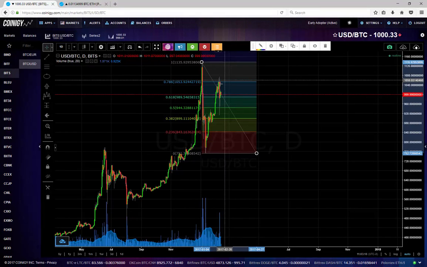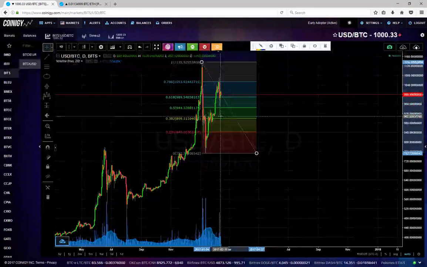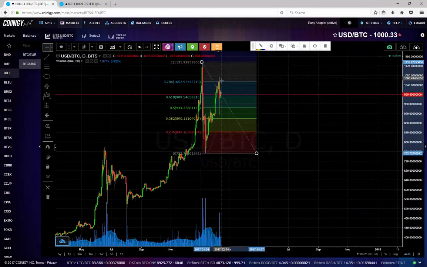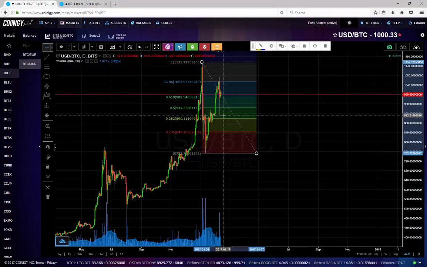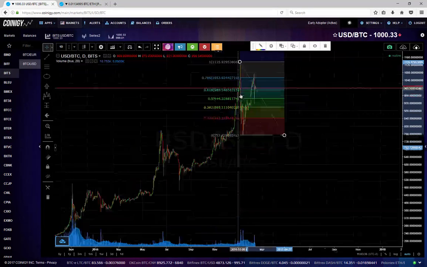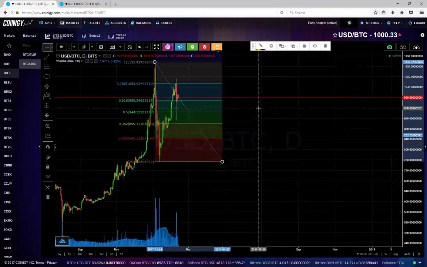As you can see, this hit 78 on the nose and then just kind of rolled over and dropped probably close to about $200, right? Not exact, but somewhere around there. And this could roll over some more, right? So this might not be finished.